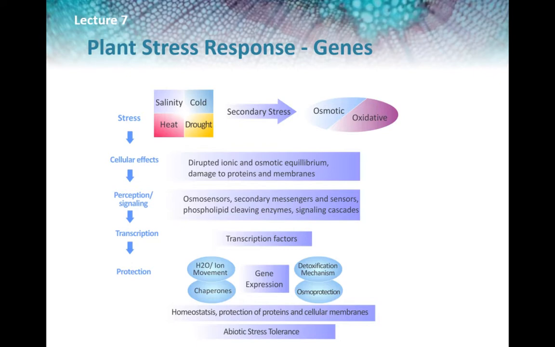The cell senses initial stress signals such as osmotic and ionic effects, temperature, and membrane fluidity changes, and then triggers downstream signaling cascades and amplifications of the signal. The final layer is the transcription factors, which initiate stress-responsive mechanisms in order to protect the cell and restore homeostasis.